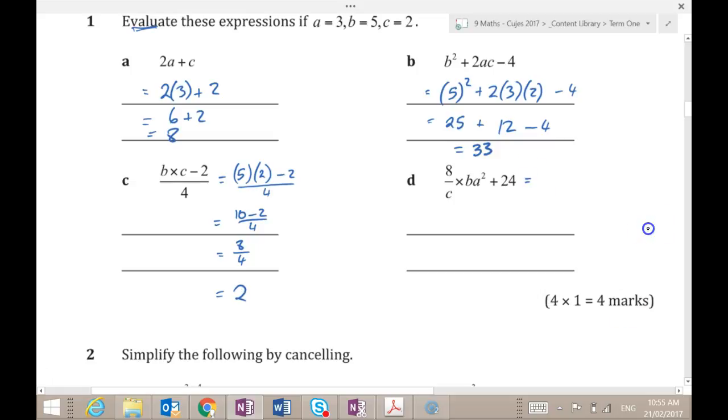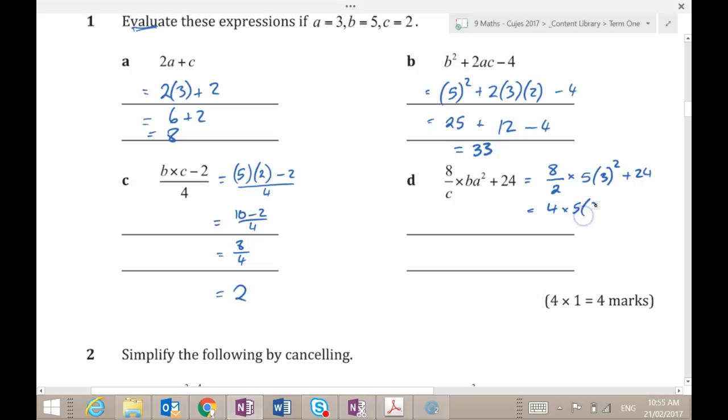And lucky last, they've just got more bits to it, but they all work the same way. This is going to be 8. Replace the C with a 2. Multiplied by B is 5. A is 3, and I've got to square it. Plus 24. Okay. 8 divided by 2 is 4.